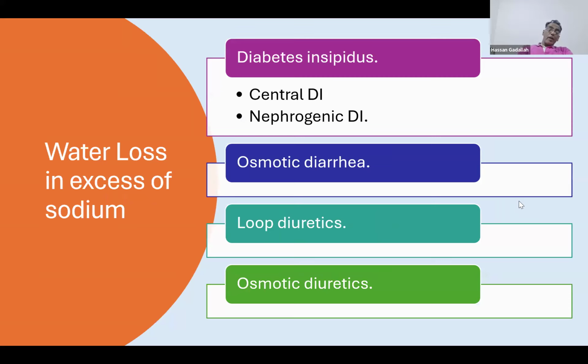What about the second title, which is water loss in excess of sodium? What situations lead to water loss in excess of sodium?